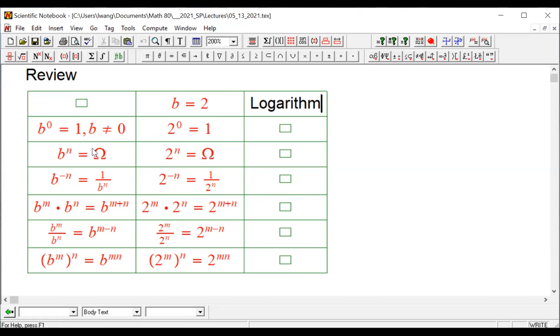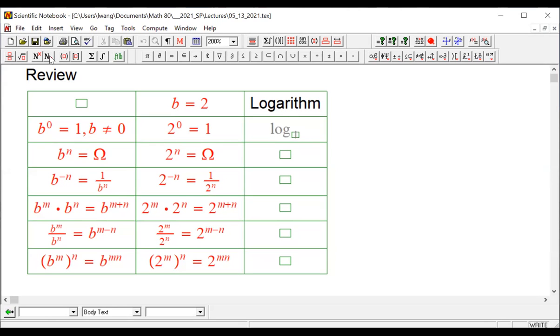What it says is that if 2 to the power 0, you can see that 2 is the base, 0 is the power, and 1 is the result, right? 2 to the power 0 is 1. So what we do here is introduce logarithm. We're going to write it as logarithm base 2, the base goes here, of 2 to the power 0 is 0.